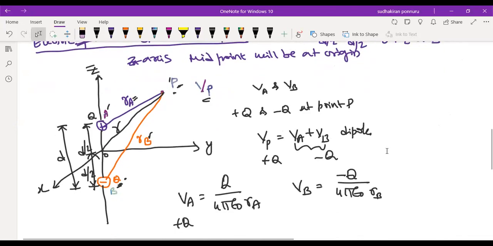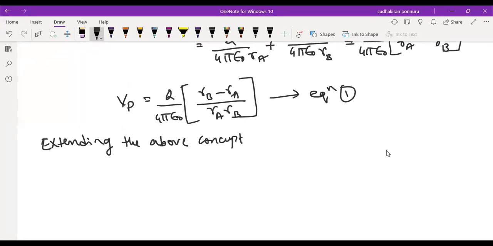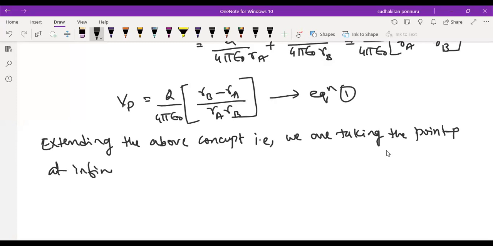Now we are going with the next case. Here we are extending the above concept. We are taking the point P at infinity, that means the location of the point is at infinity.